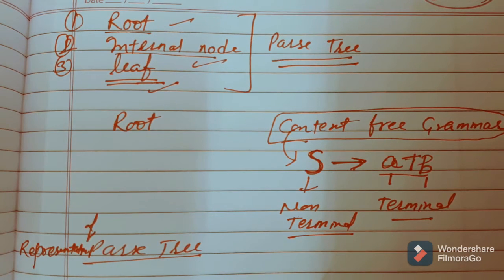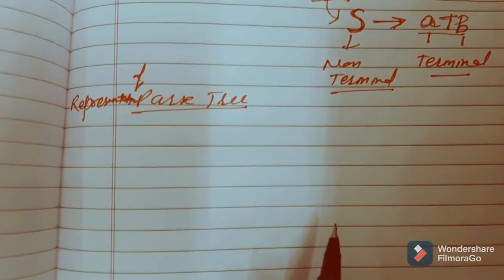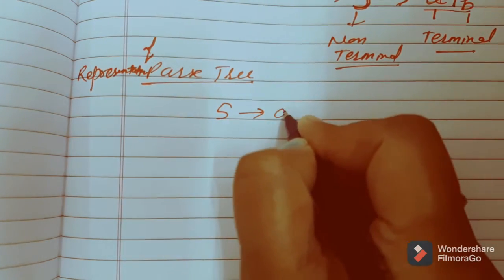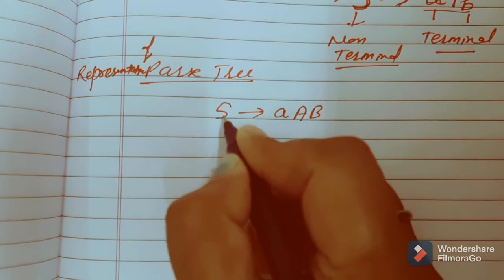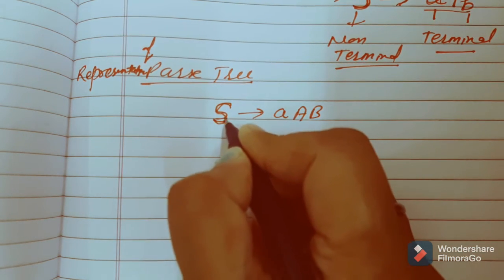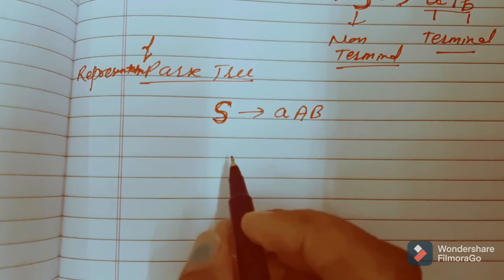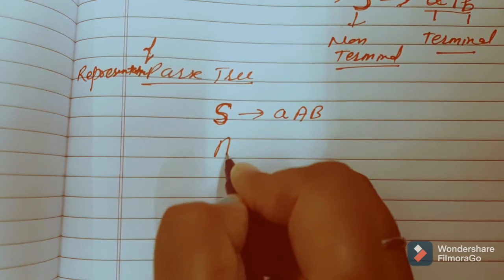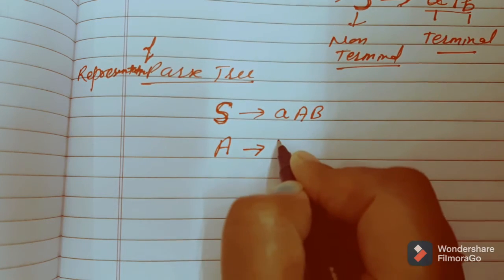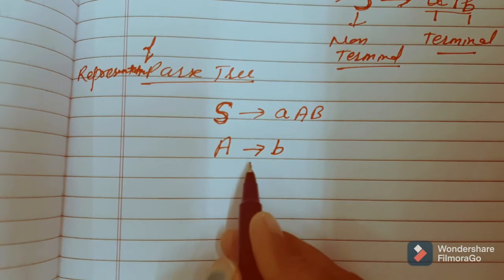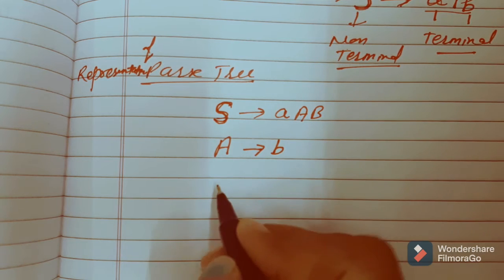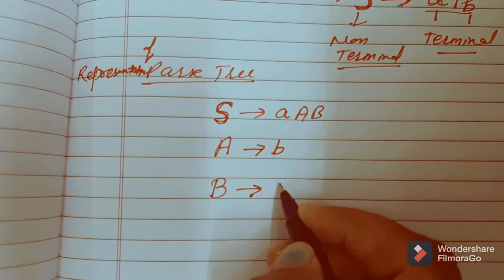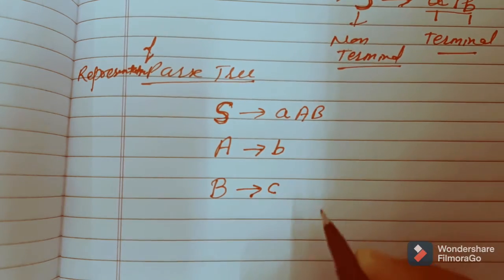Here I will use a grammar. Suppose the grammar is given: S tends to AAB. Here this is the starting symbol, and the grammar I am using is a context free grammar. Now capital A, which is a non-terminal, has the production A tends to B, and for non-terminal B I write this production.